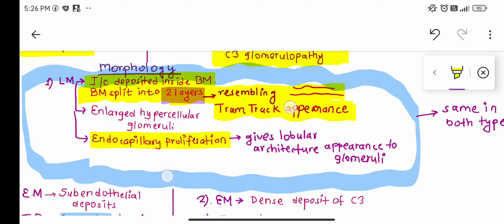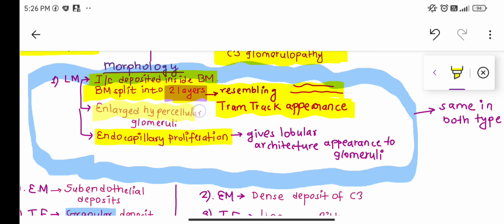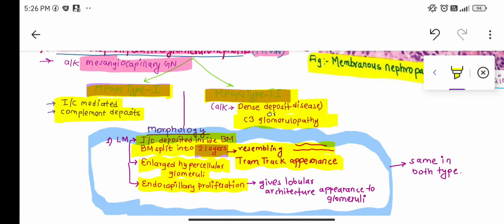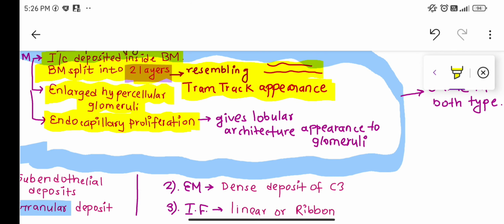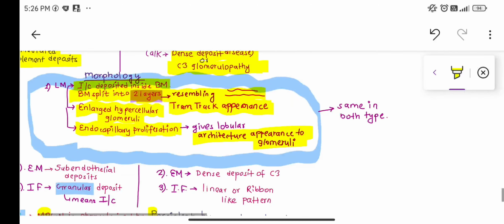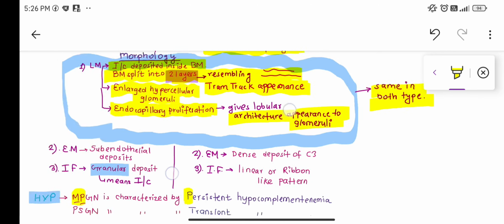There will be increased cellularity of the glomerulus and endocapillary proliferation. That's why it is also known as mesangiocapillary glomerulonephritis, and this proliferation of the capillaries will give a lobular architecture to the glomeruli. It is seen in both MPGN type 1 and type 2.